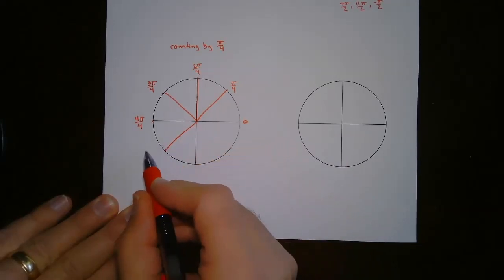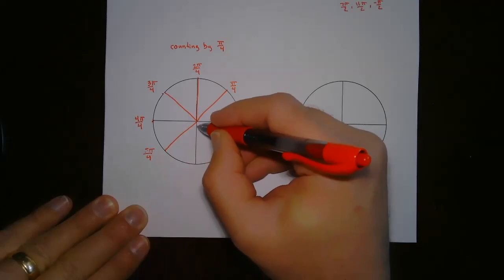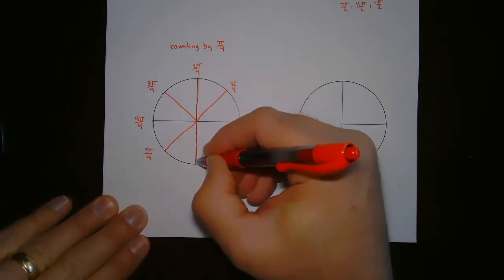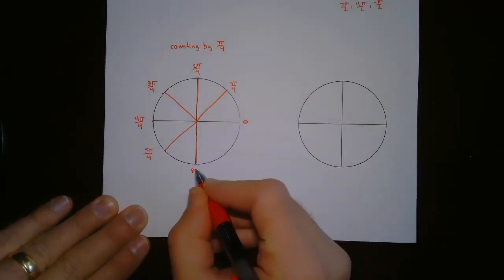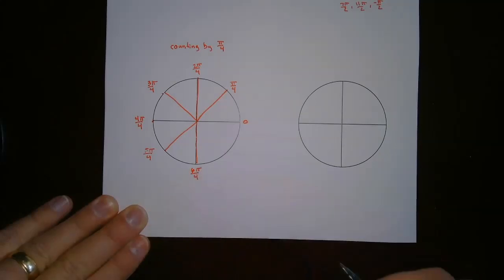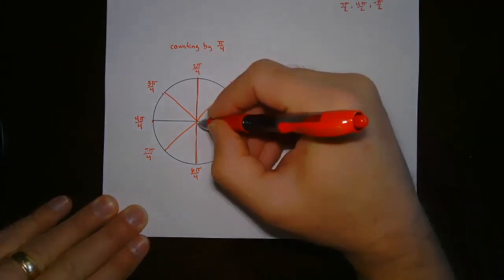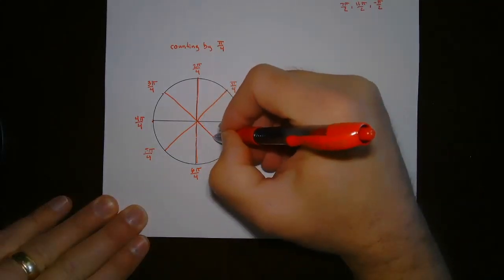And then this would be 1 more pi over 4, which would be 5 pi over 4. And then we're going to come to right here, and this would be 6 pi over 4. But no one will ever call this 6 pi over 4. They're going to call it 3 pi over 2, okay? And then the next one would be 7 pi over 4.